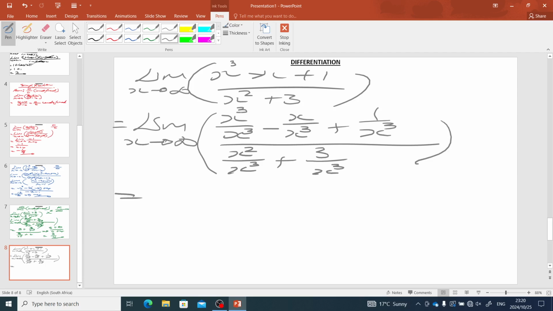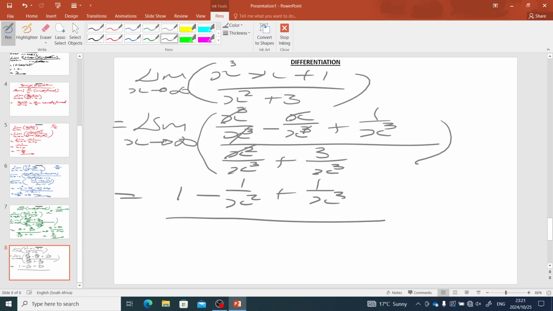Now, the x and the x cubed will cancel out. I'll be left with 1 minus the x cancelled out, 1 over x squared plus 1 over x cubed, all over the x squared cancelled from the x cubed. Then I'll be left with 1 over x plus 3 over x cubed. That's what I'll be left with.